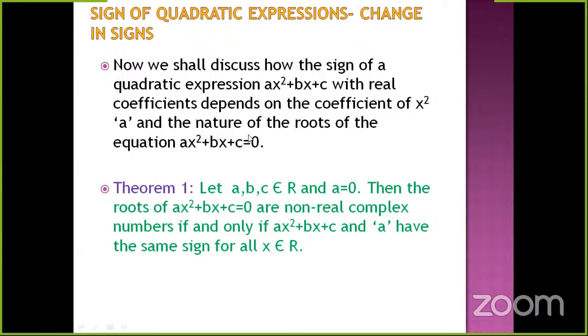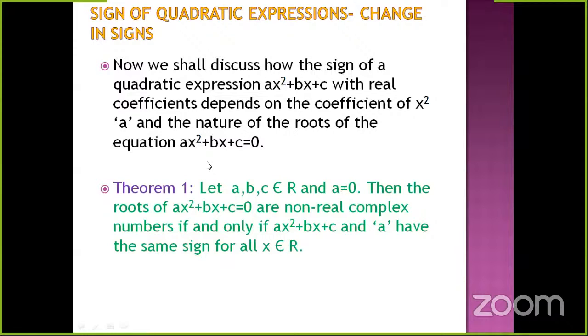And we have three conditions under the heading of nature of roots, that is delta greater than 0, that is the quadratic expression having two distinct real roots, and second is delta equal to 0, that is the quadratic expression is having two real roots which are equal, and third condition, that is delta less than 0, the quadratic expression is having two different roots which are imaginary or non-real complex numbers.